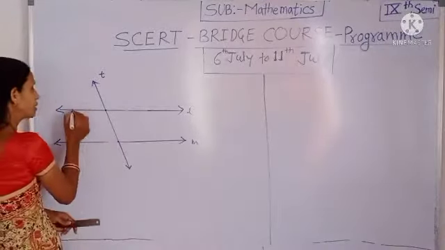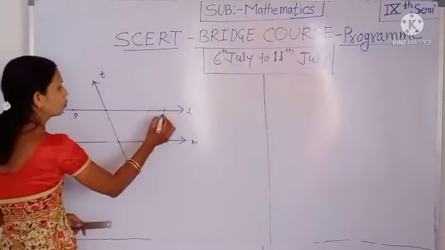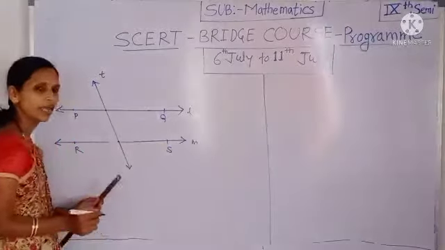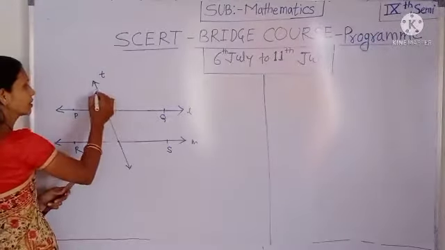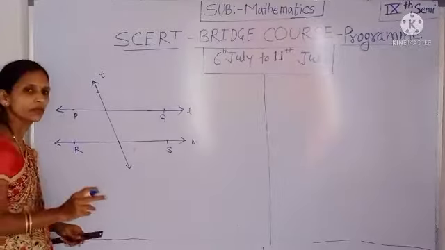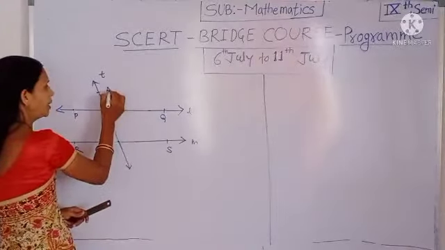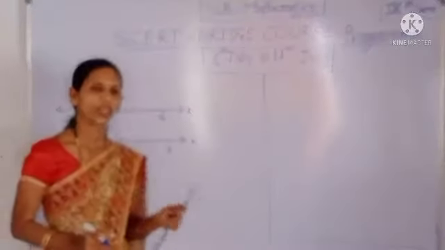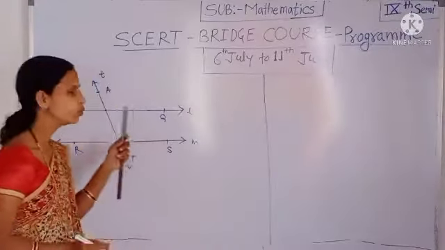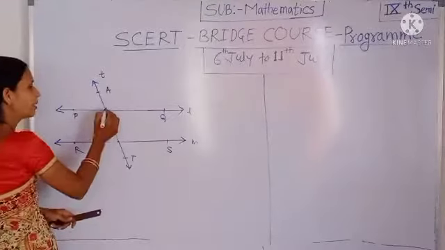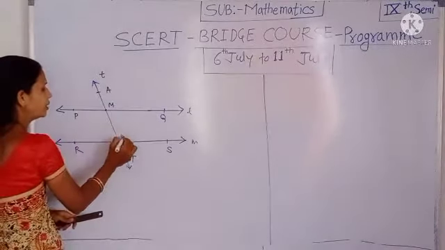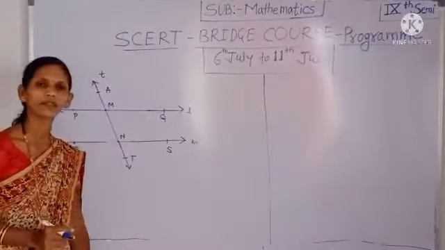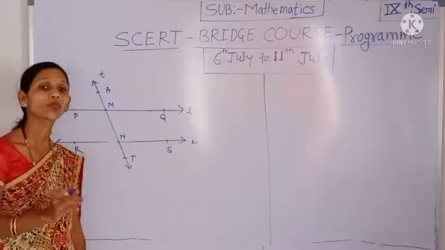Suppose PQ is a line and RS is a line, to which AT is a transversal which intersects those two lines at two distinct points, that is M and N. Then we can write the names of the corresponding angles.